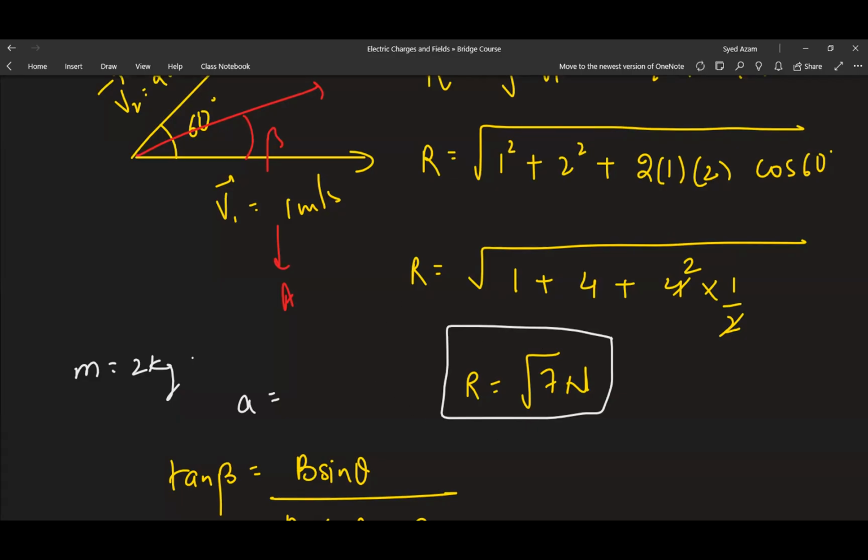No, see, that's what I was telling you. The force is equal to ma. Acceleration will be force by mass: root 7 by 2 meter per second square. Okay. You need to remember the external force that acts on a body is directly proportional to the rate of change of momentum.